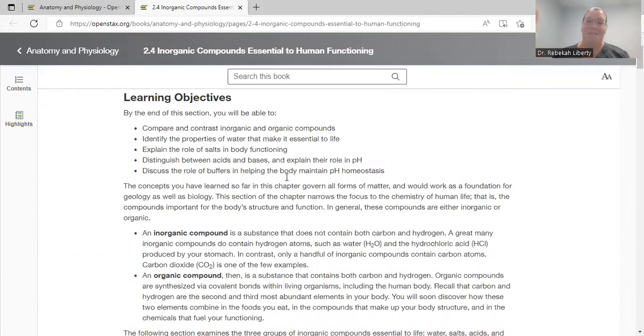Organic compounds are defined chemically by having both carbon, C, and hydrogen, H. So something that does not have both C and H as their chemical makeup is automatically in the inorganic compound category.